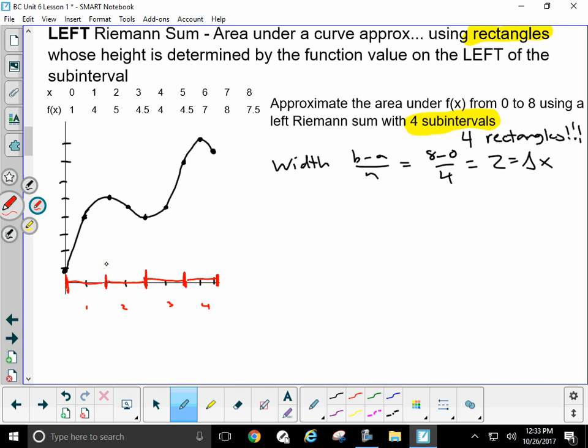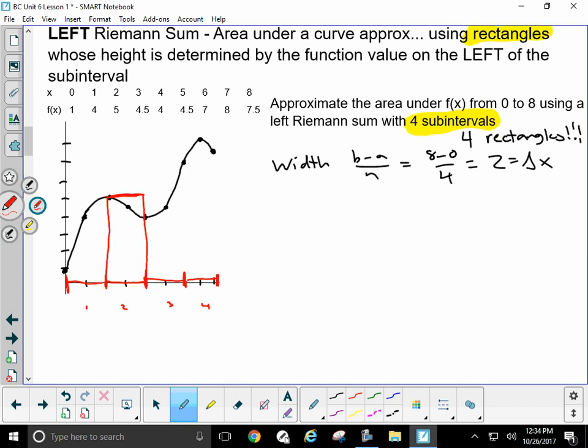And I'm going to go to the function value above that leftmost point. This function value will be the height of my second rectangle. So I'm going to use that height. Now, it just so happens that that was the largest function value on my interval.